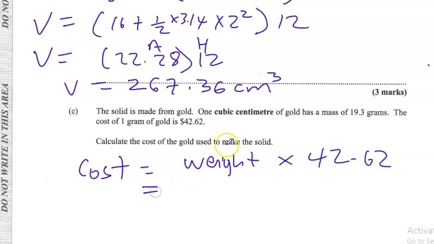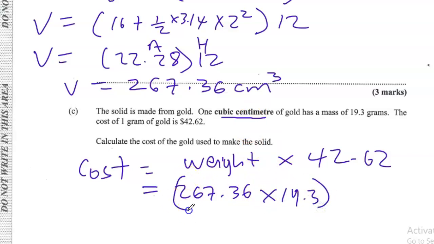Alright? Now how do we get the weight? Now we are told that each cubic centimeter weighs 19.3 grams. So remember we have 267.36 cubic centimeters. And each of that would weigh 19.3 grams. So that would be the weight.